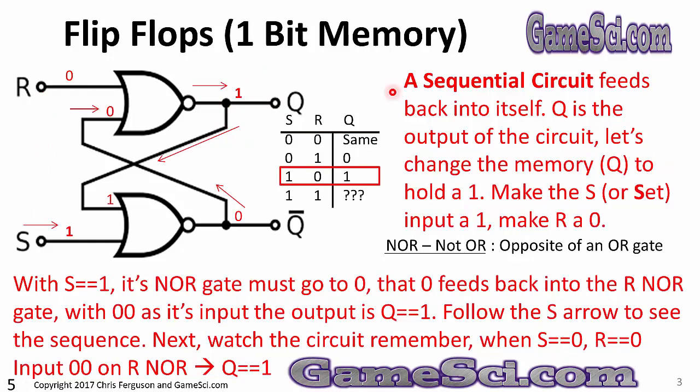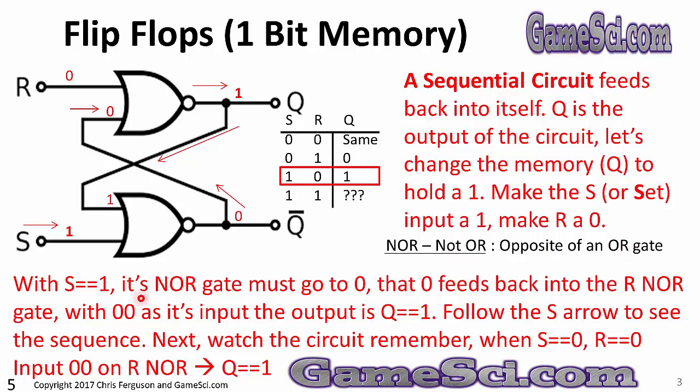A sequential circuit feeds back into itself. Q is the output of the circuit. Let's change this memory, Q, to hold a 1. Make the S or set input a 1. Make R a 0. I'm looking at this line of the truth table. A 1, 0 for S and R should set Q equal to 1. NOR is the not OR gate, the opposite of an OR gate.